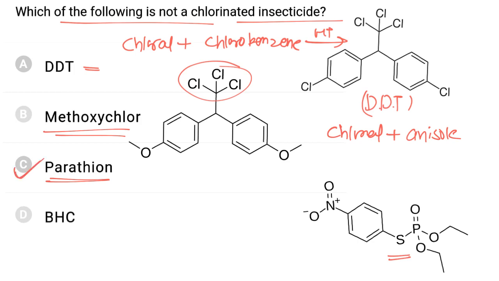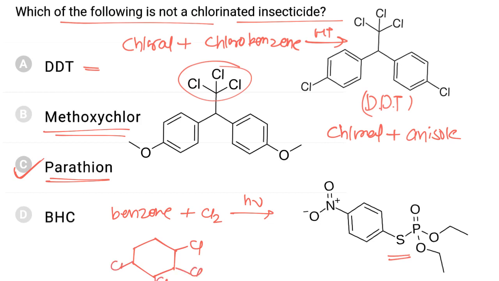Now BHC is formed when benzene is reacted with chlorine in the presence of sunlight, so a hexachlorinated compound is formed, C6H6Cl6. This molecule also has a high percentage of chlorine, so the correct answer is C.